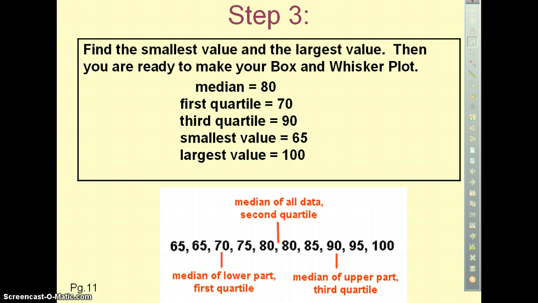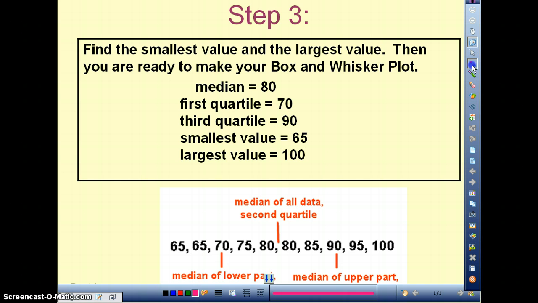Okay? So what we have done is we have taken our data and we've separated it into 4 equal groups. Okay, come on, pen. All right, computer's running slow this morning. Let's not do that. I'll just use my mouse. All right?